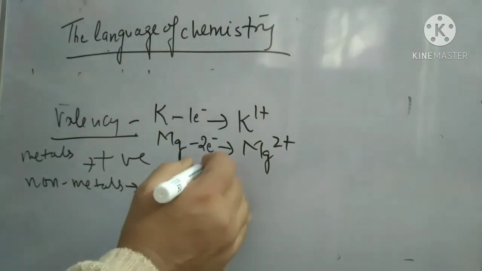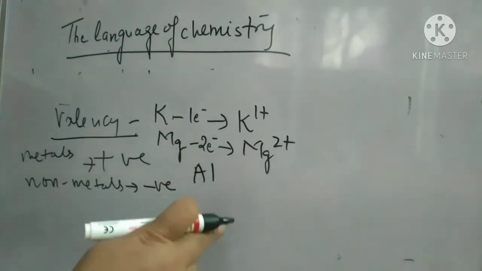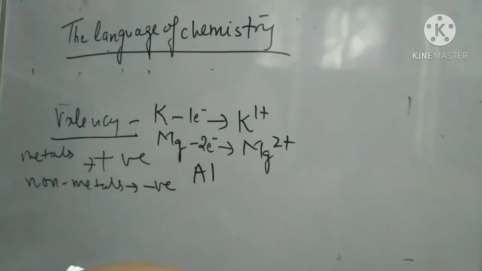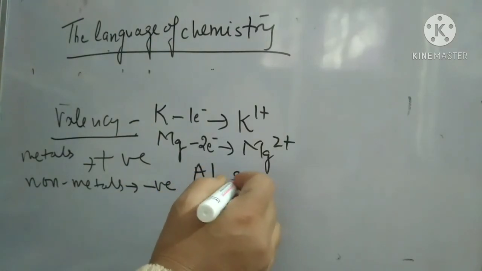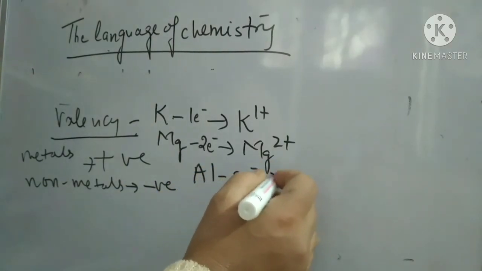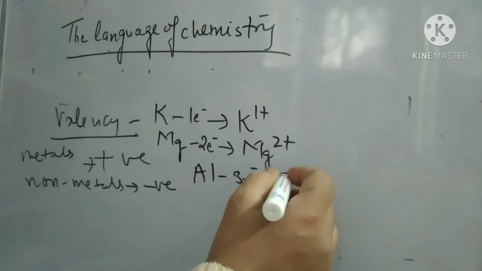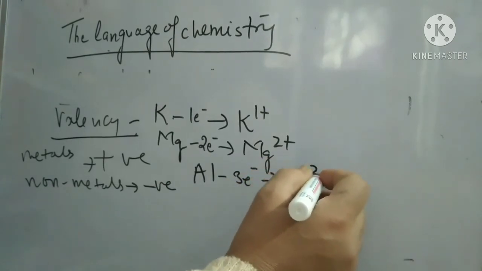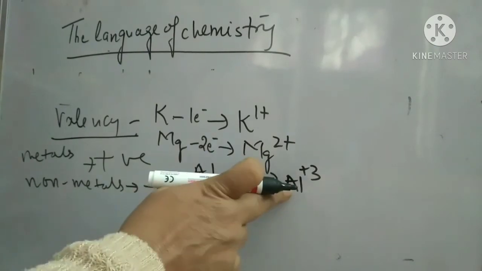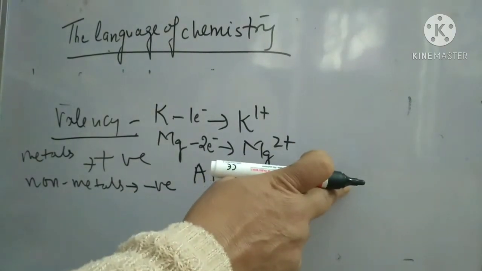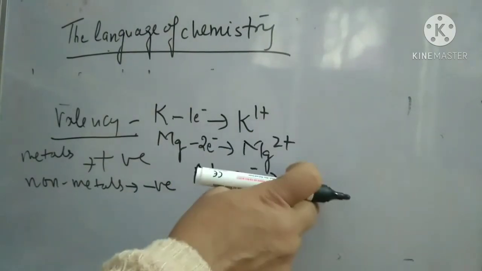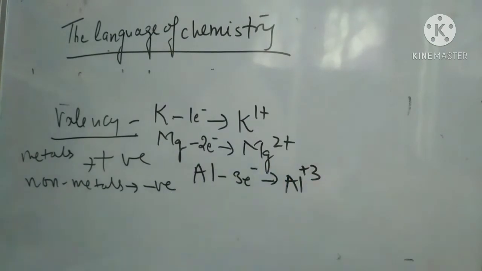Then aluminium, it is having 3 more electrons in its outermost shell, so it loses 3 electrons and becomes positively charged. So now aluminium Al plus 3, so plus 3 is the valency of aluminium.